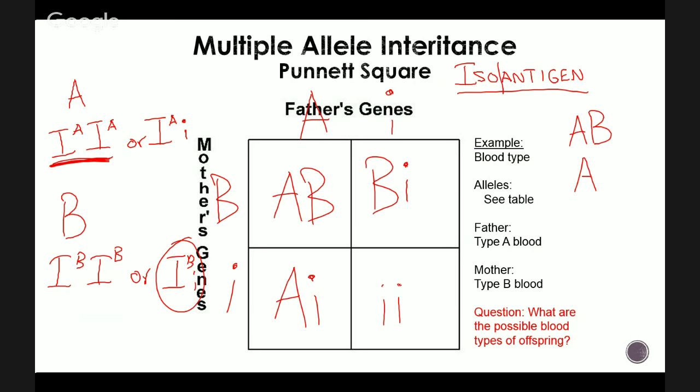What are some other types we see that we didn't see before? Type B blood, yeah. So what are the possible blood types of the offspring? All of them. But it depends on the parents'.